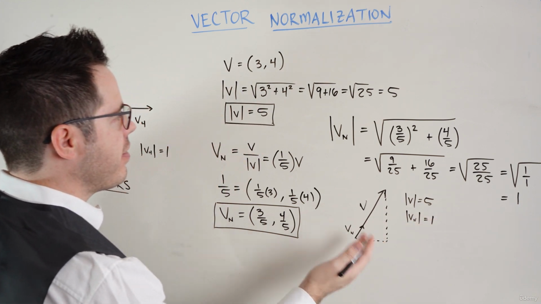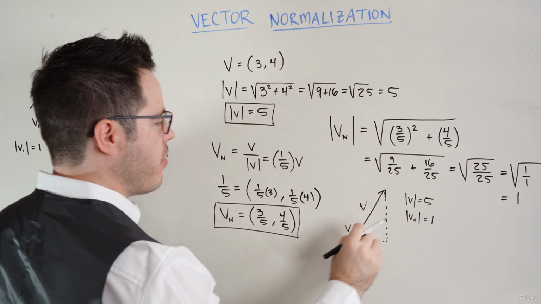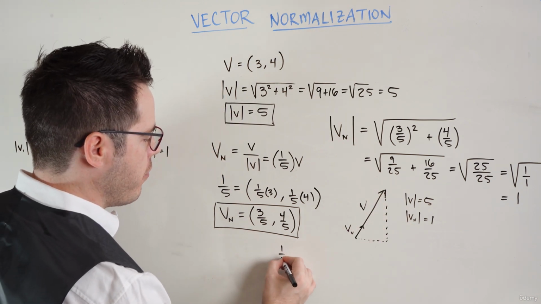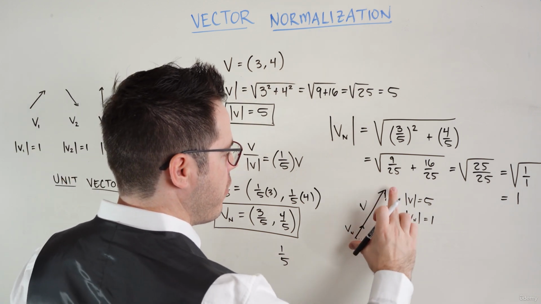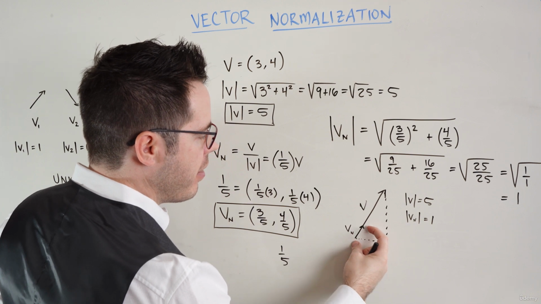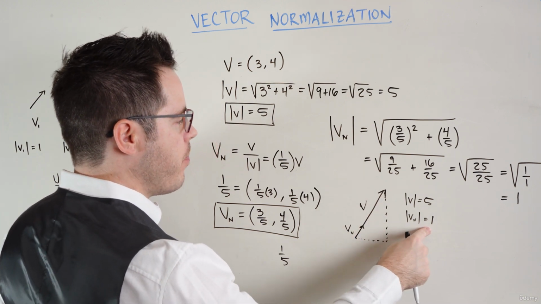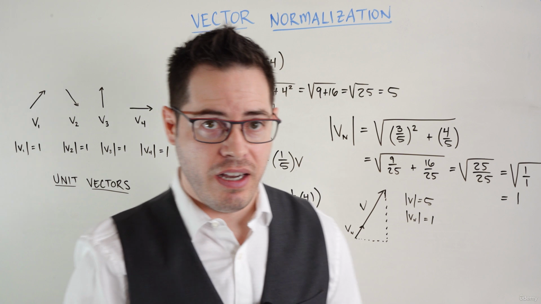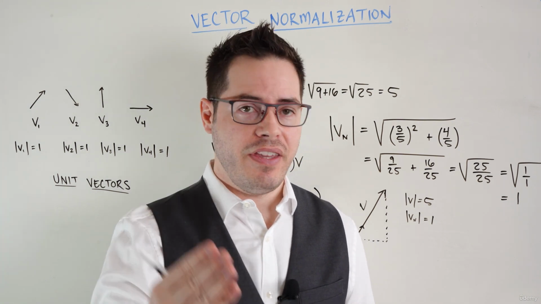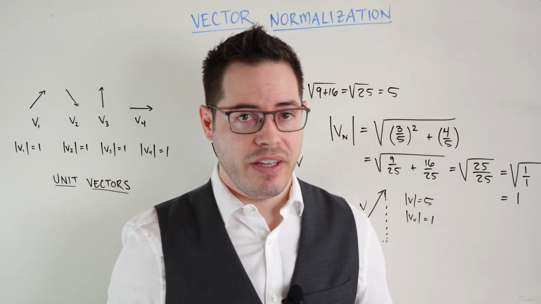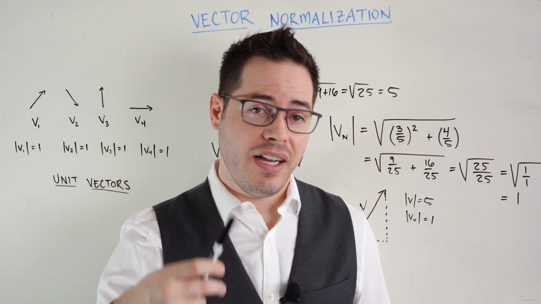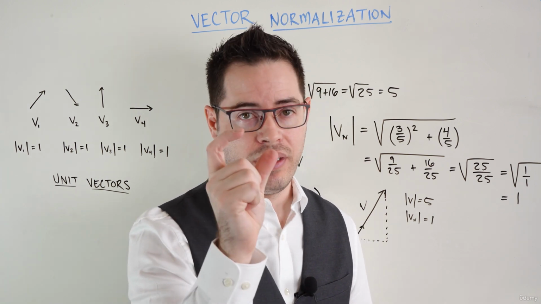And we've seen that we can scale a vector by a scalar, and that's going to multiply that length by the scalar. In our case, that scalar is 1/5. So we started with a vector with length 5, we multiplied that vector by 1/5, and we got a vector exactly 1/5 the length, which is 1. And that's why we can always divide a vector by its magnitude in order to obtain a unit vector in the same direction, and the process of doing this is called vector normalization. And the vector we obtain is called a unit vector because its length is 1 unit.